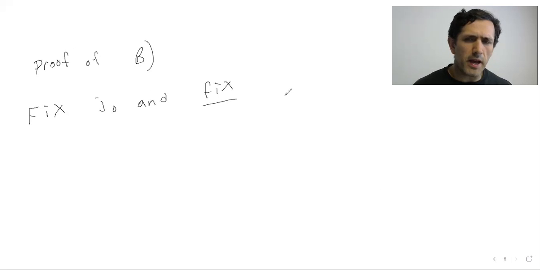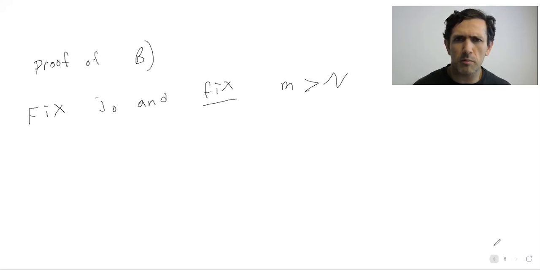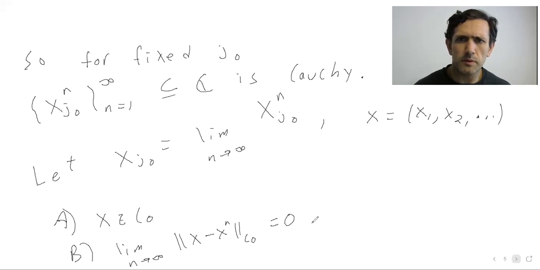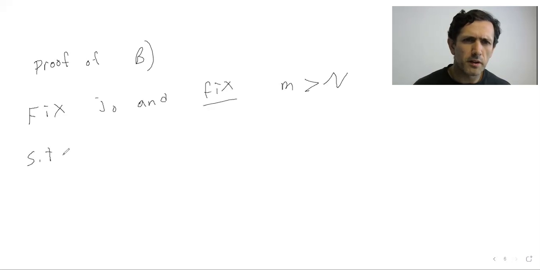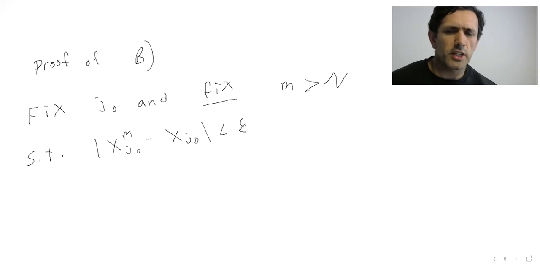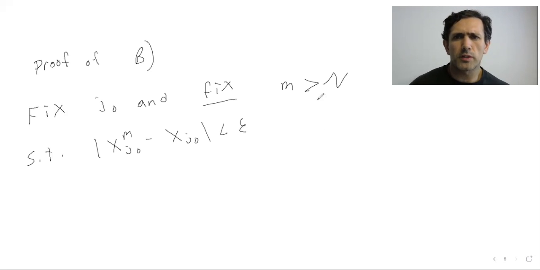And fix some m greater than big N coming from here, where this here is less than epsilon. For fixed J0, xj0m converges to xj0 by definition, so we can always do this.